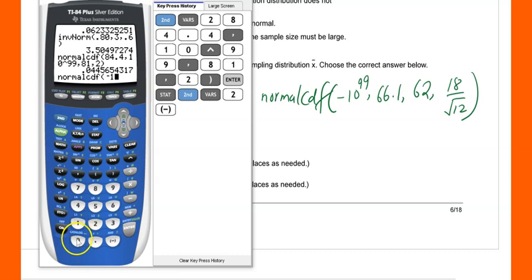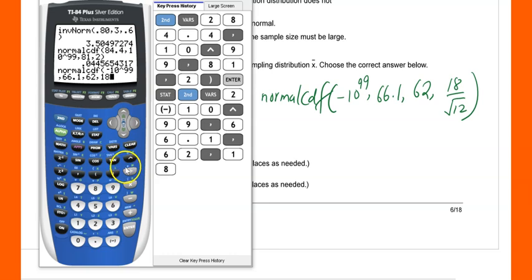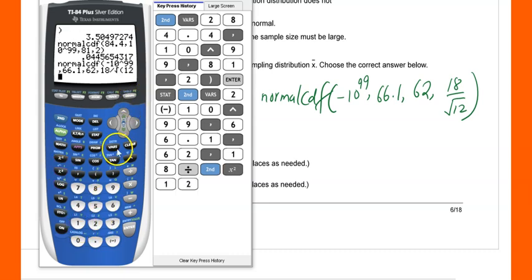This is the negative 10 to the power 99, comma, mean is upper bound 66.1, comma, 62 is mean, comma, and standard deviation of 18 divided by, you type the square root here, second square root, of 12. And now you're closing the square root first, and you're closing this parenthesis second. Remember that this one is for square root 12, this one for normal CDF.